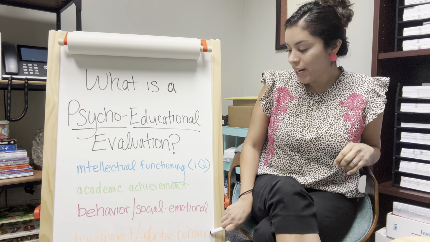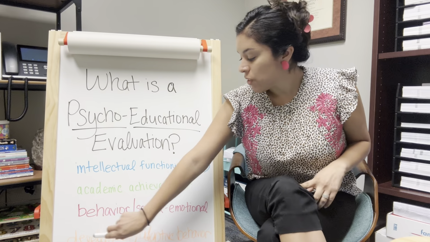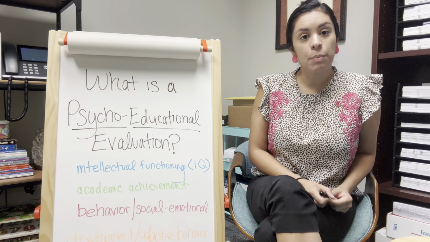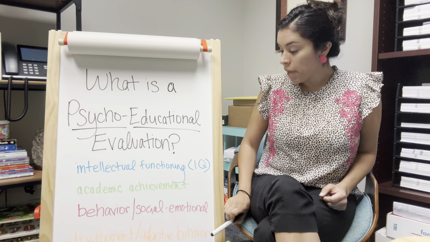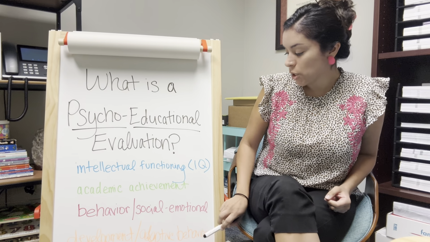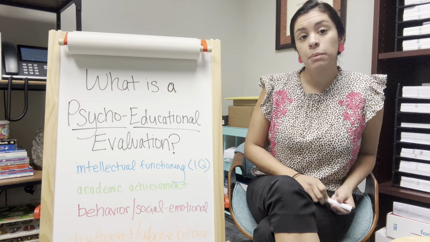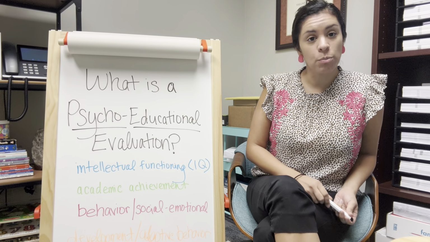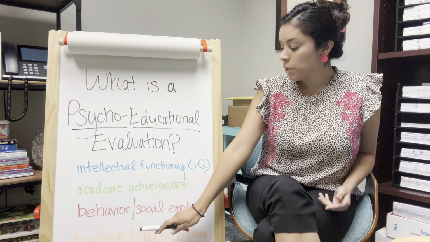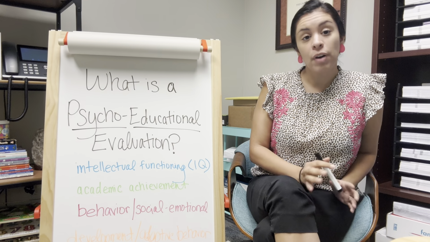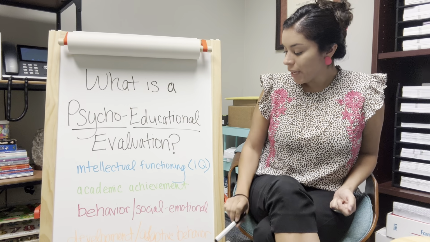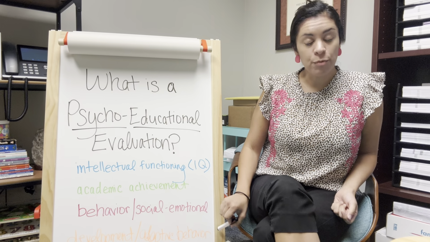And then finally, and this can vary widely depending on the age and the area of concern, we may want to be looking into the child's development. So are they meeting early developmental milestones? This would typically be done for a child age 5 or younger, and or the child's adaptive behavior.